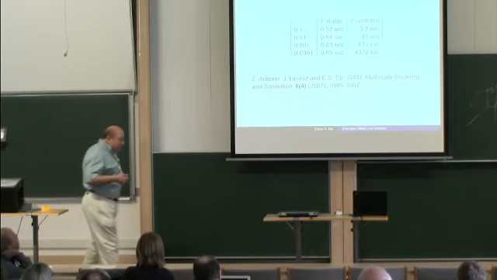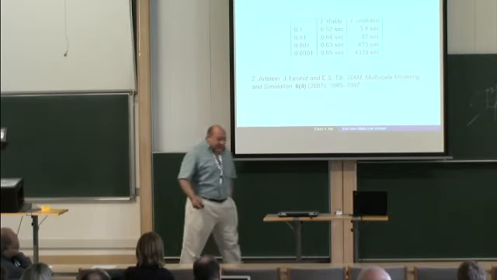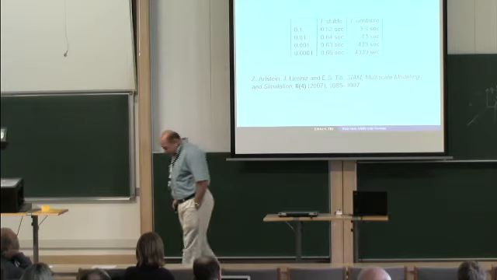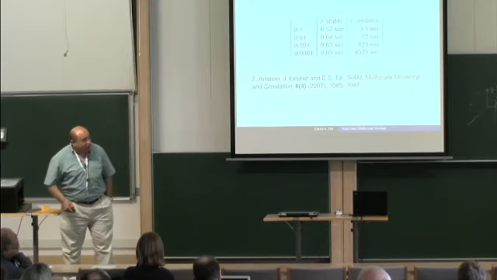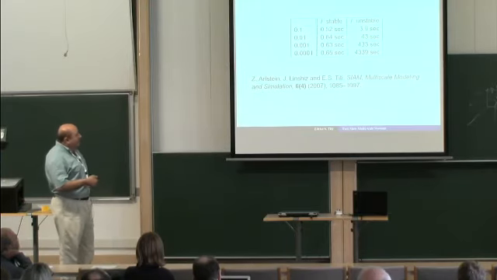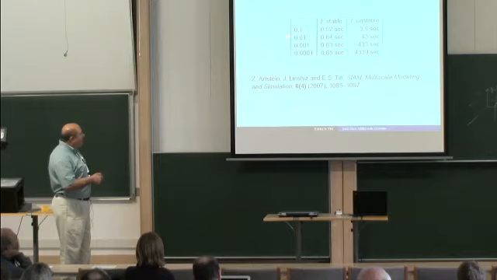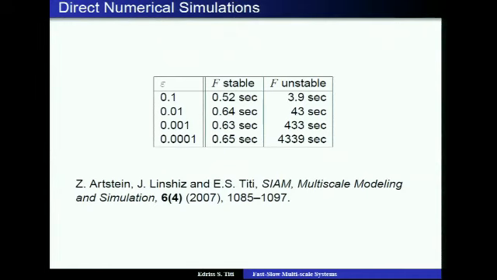Let me give you a feeling of why we need to develop efficient algorithms. If I take the examples that I mentioned a minute ago, for different values of epsilon, in the stable case, this is the time it takes to do the simulation.